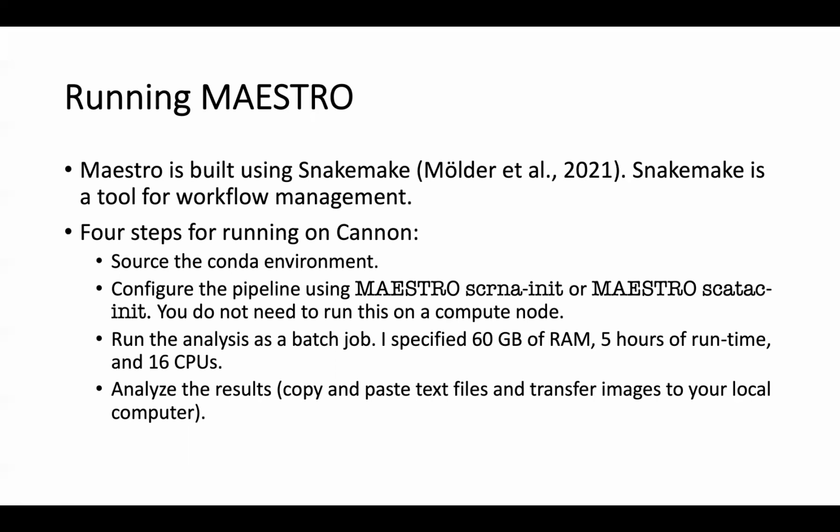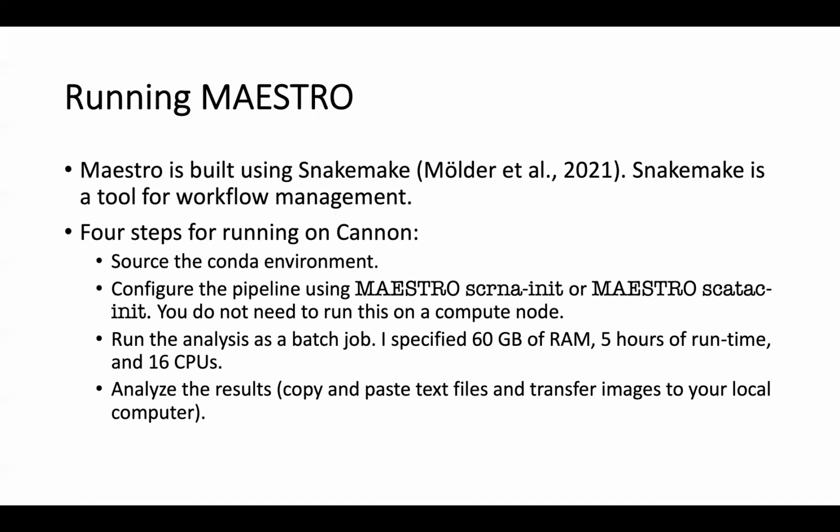Since it's going to take 3 to 6 hours to do both of them, you really need to submit it as a batch job. This means that you should be using the sbatch command. You should write a shell script that contains the code that you want to execute, and submit that using sbatch.